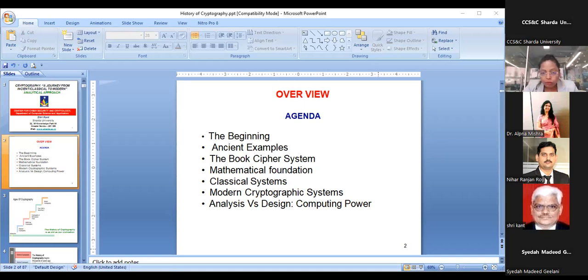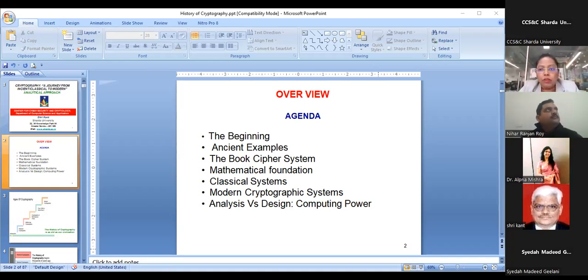Good morning, everyone. Welcome to our session number 5, which will be given by Dr. Shrikant. I take this opportunity to introduce Professor Shrikant to everyone. Dr. Shrikant received his PhD in Applied Mathematics from the Applied Mathematics Department of the Institute of Technology, Banaras Hindu University, in 1981.